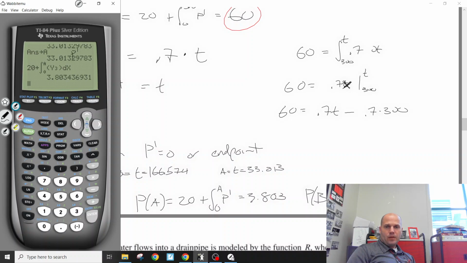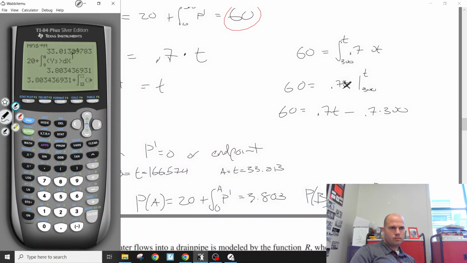P of B, you can either use 20 plus the integral from 0 to B. If you'd like to, you can use P of A plus the integral from A to B. It's up to you. Here's P of A plus the integral from A to B. 251.563.